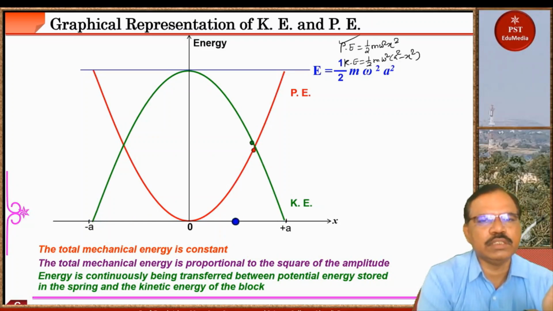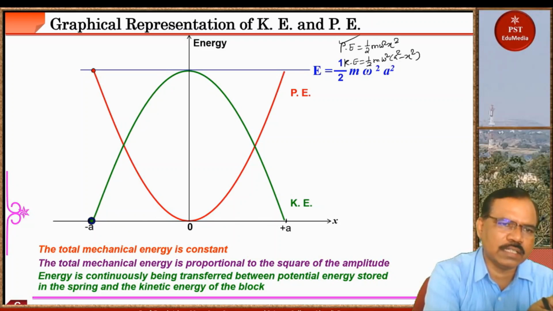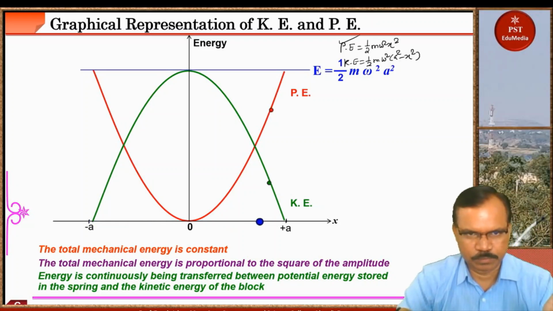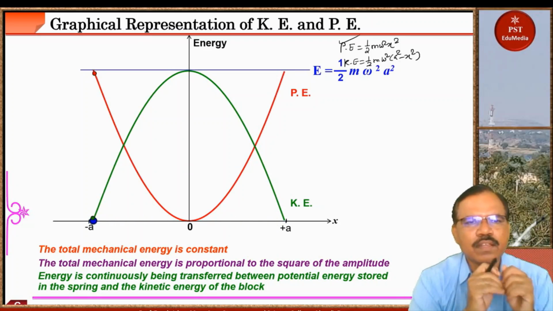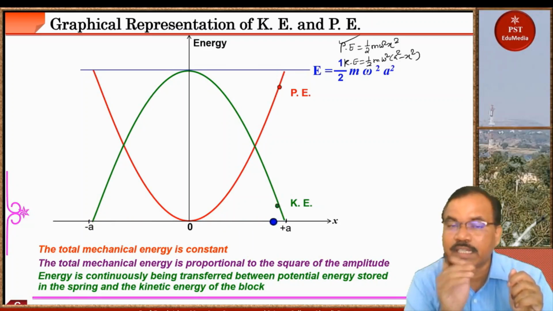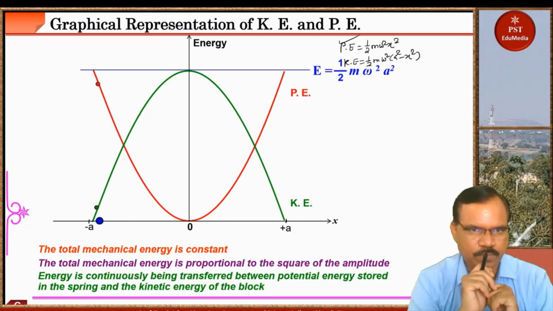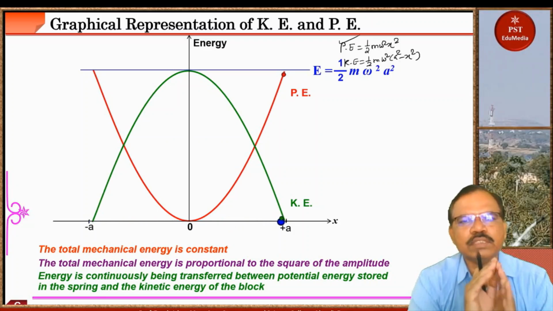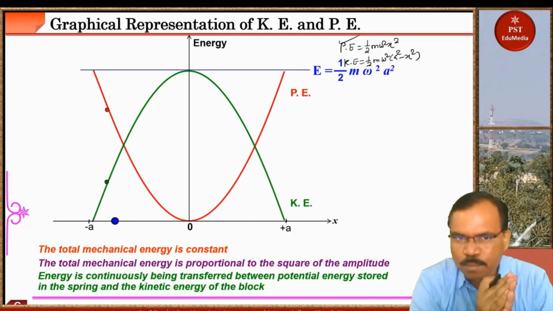At the extreme position, the whole kinetic energy is converted into potential energy, so it returns. And when it goes towards the equilibrium position, its kinetic energy goes on increasing and potential energy goes on decreasing, and at the equilibrium position kinetic energy is maximum, so velocity is also maximum.